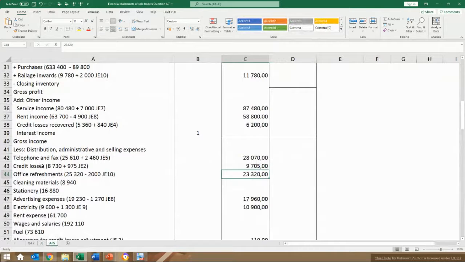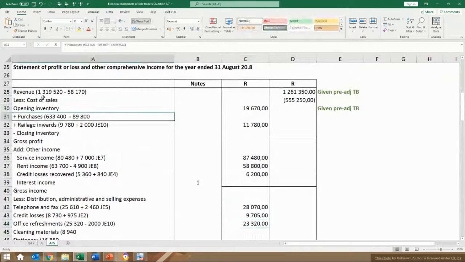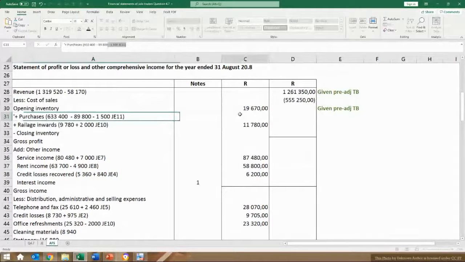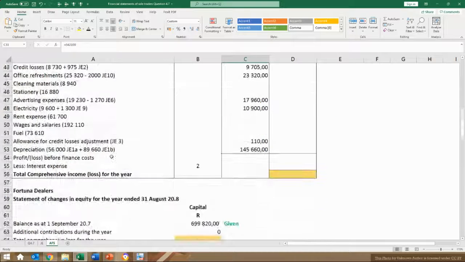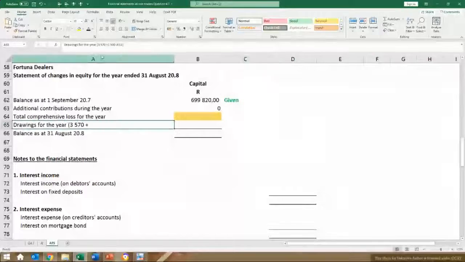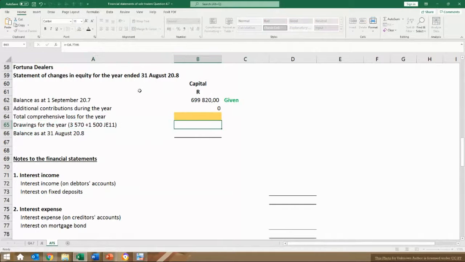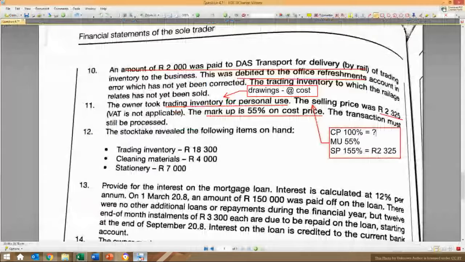So under the purchases, I now could deduct the 1,500, which the owner has taken, to work out the actual purchases amount for the year. And then our drawings amount will be increased by 1,500 to reflect the amount that the owner has taken, to increase the drawings amount for our year.